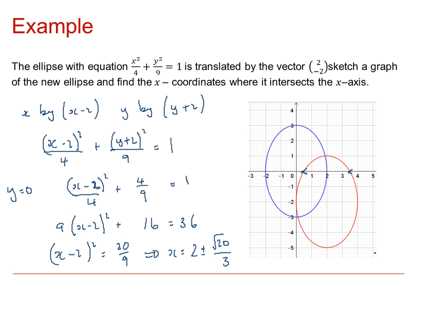The square root of 20, of course, is 2 root 5, so we can write these points as being 2 plus 2 root 5 over 3, this one here, and the other point will be at 2 minus 2 root 5 over 3.